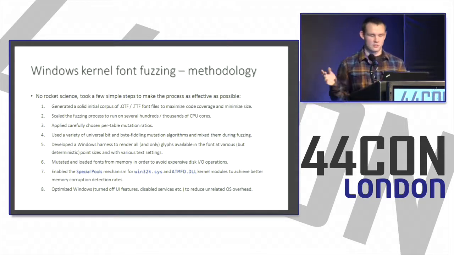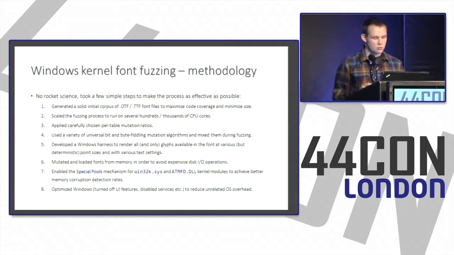I used a number of different mutation algorithms and combined them to mutate the fonts. I also developed a Windows harness that would render all of the glyphs inside of the font but nothing else, in order to not waste any cycles. I did everything in memory, with no disk I/O, because this would also consume a lot of cycles unnecessarily.